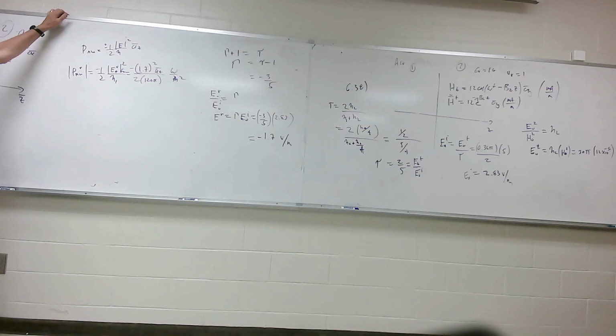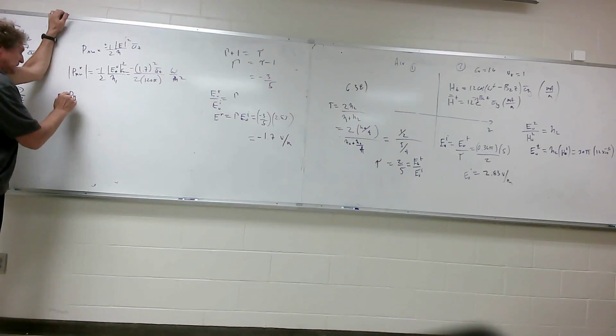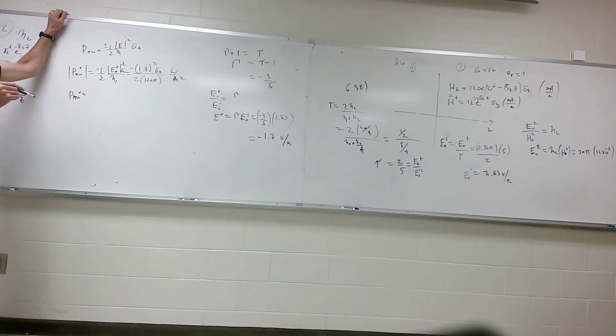What is 1.7 squared over 240 pi? That's what he asked for, right? The reflected time average power density.